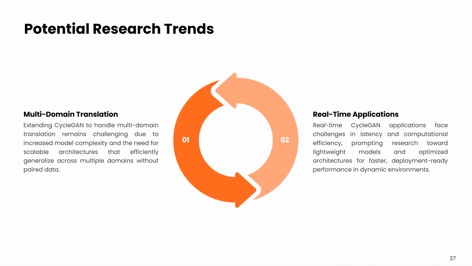From a training perspective, stabilization and generalization across many domains benefit from modern regularizers. Spectral normalization on discriminators combined with gradient penalties as in WGAN-GP helps maintain Lipschitz continuity and prevents exploding gradients when domains vary widely.